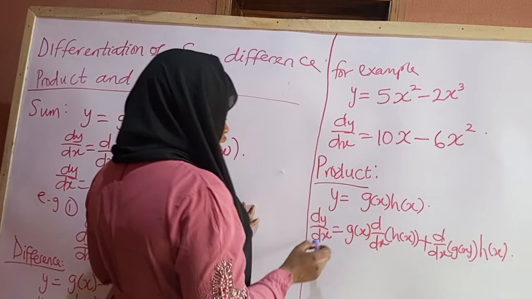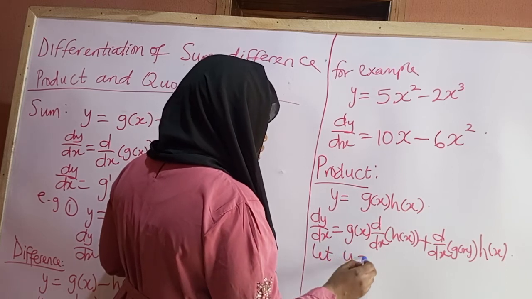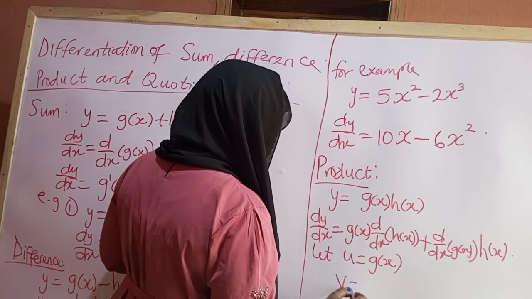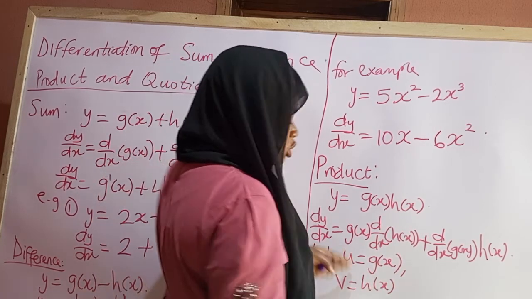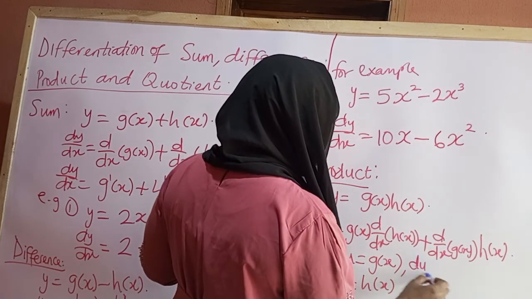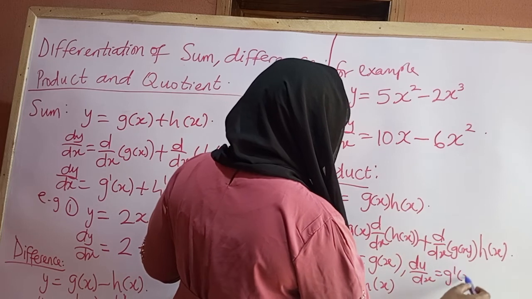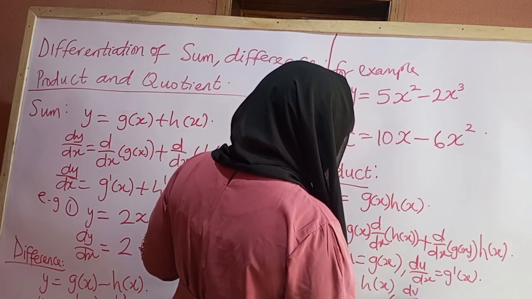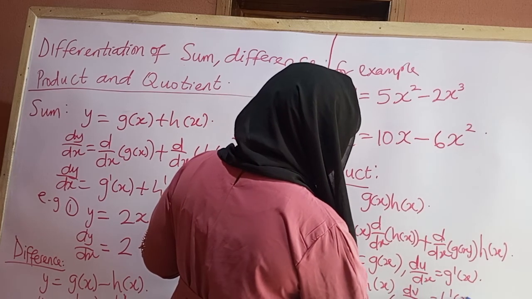So you can quickly say that let u be equal to g of x, then v be equal to h of x. Then you differentiate u with respect to x, then du/dx will be equal to g prime of x, and dv/dx will be equal to h prime of x.